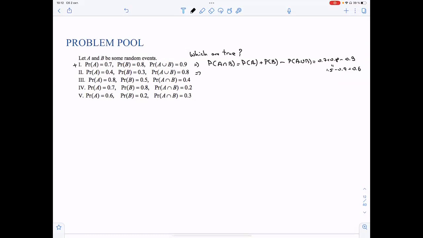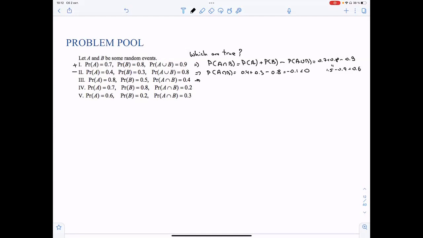Then let's apply the same formula to the second statement. So it gives you 0.3 plus 0.4 minus 0.8. And the result is negative. But you know that the probability cannot be negative. And then you say that it is impossible to have this probability allocation.